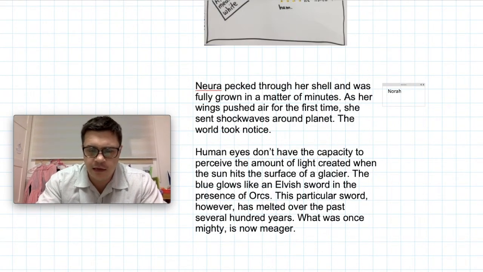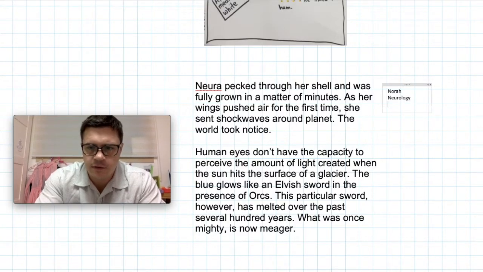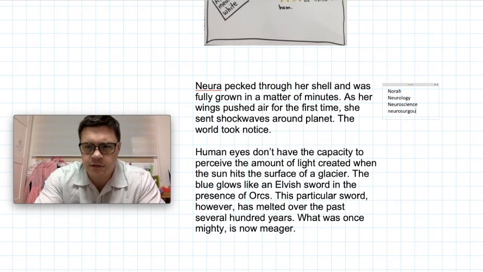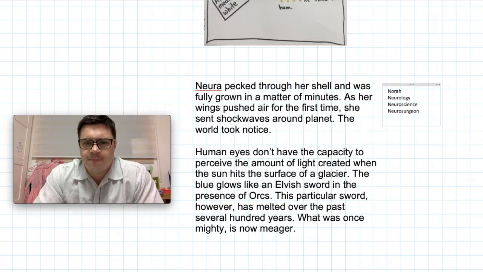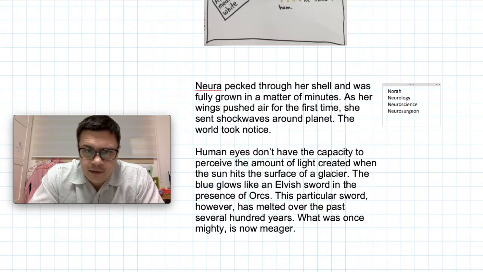I spell it Nura because I wanted to connect to words like neurology or neuroscience or neurosurgeon. So I want the name to connect to the word brain, right? And that's what it does. So that's a choice I made. It's not a random choice, right? It's intentional. It's something I'm thinking about.